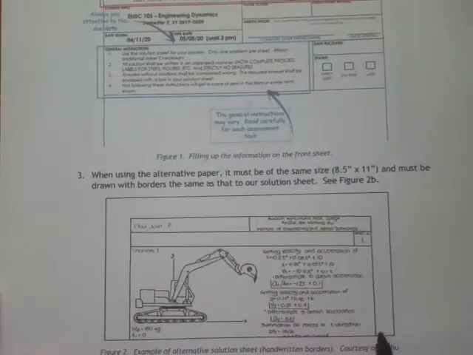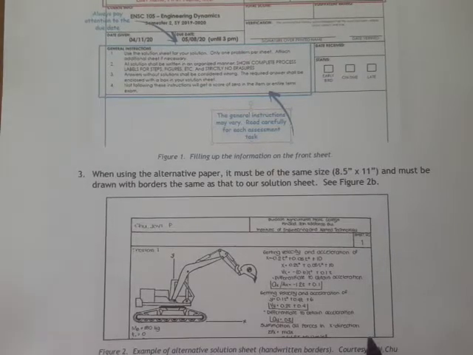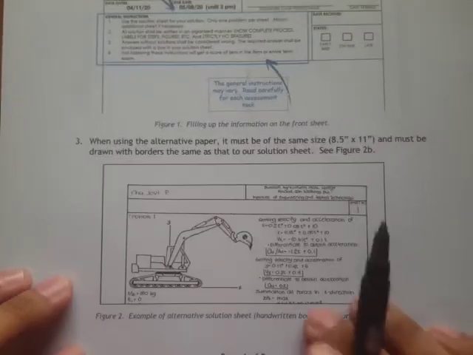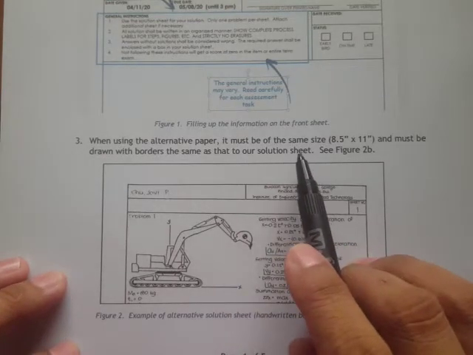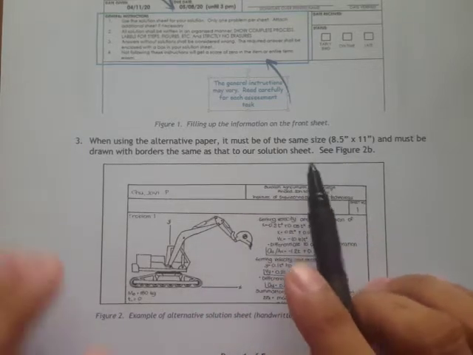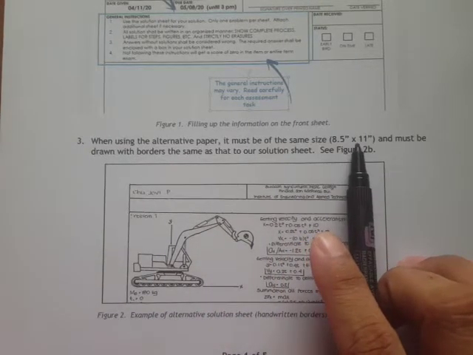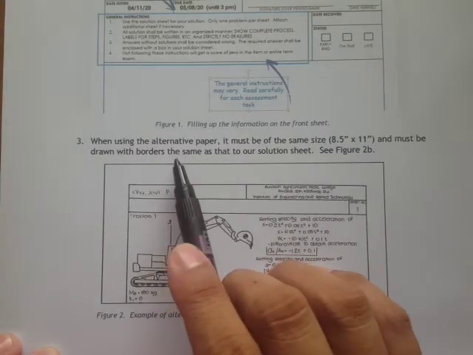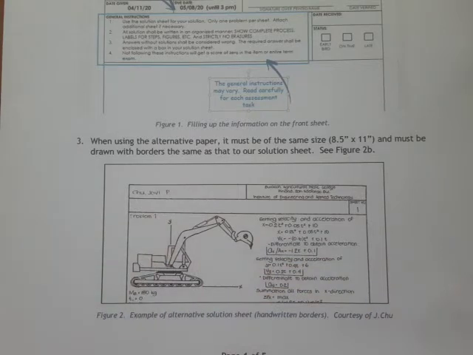Now in case you don't have means to obtain or to print this solution sheet, then you are also allowed to use an alternative option. But it must be of the same size. That's 8.5 by 11 inches letter size paper, and must be drawn with borders the same as our solution sheet. An example of this is this one.